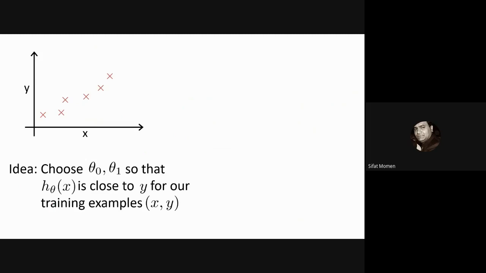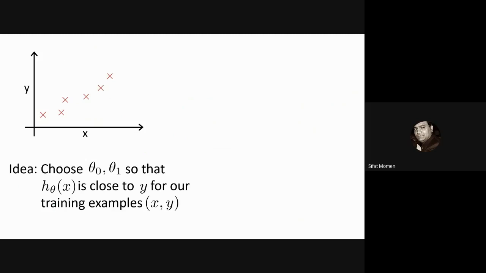So what is the idea? The idea is we want to choose theta naught and theta 1 so that h theta x is close to y for the training examples. We need to talk about how you find theta naught and theta 1. I could choose any theta naught and theta 1, but I don't want any pair.